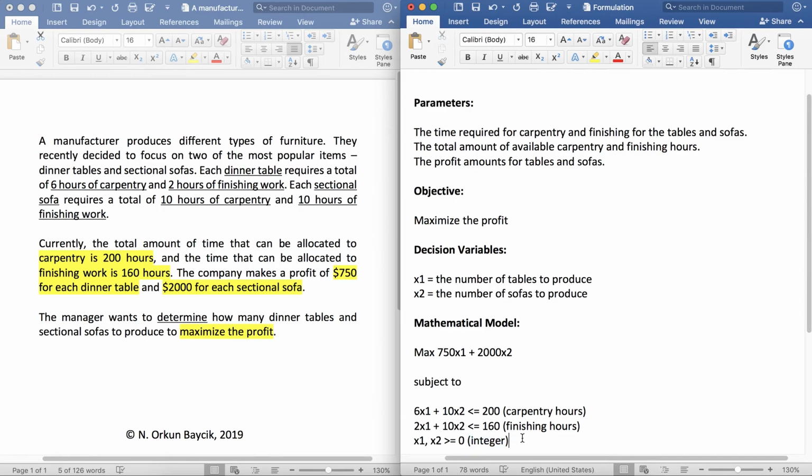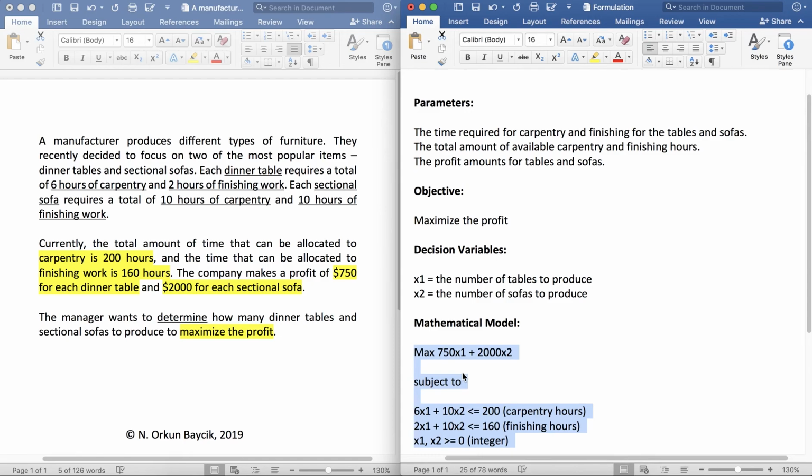Okay, so this will complete this video, but in general the goal in this video was to introduce you to how to model a given problem mathematically. Okay, in the upcoming videos we are going to use this mathematical model and solve it on Excel solver to find optimal solutions for us. Okay, for example, yes, I have this mathematical model here, but what do I need it for, right?